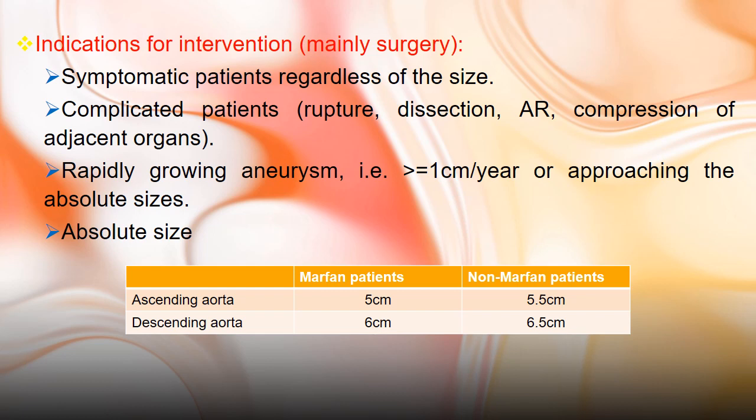The absolute size for intervention is 5 centimeters in the ascending aorta and 6 centimeters in the descending aorta. So in a Marfan patient, it is 5 and 6; in non-Marfan, it is 5.5 and 6.5. This is what is followed at Yale University in America.